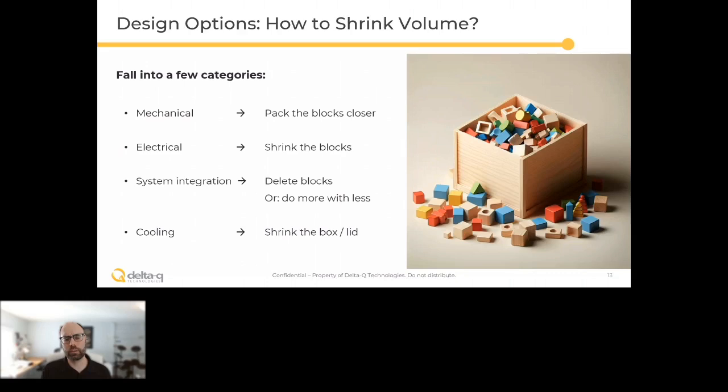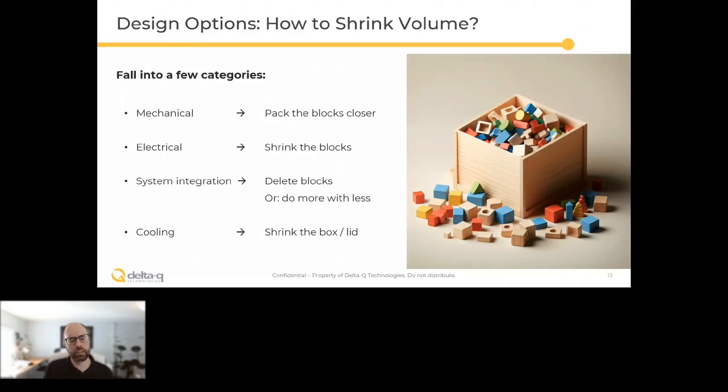And then cooling, the analogy breaks down here just a little bit, but this is more like shrinking the walls of the box, shrinking the lid. The cooling solution isn't inside the box; it's outside the box, whether it's a fan-cooled heatsink or a liquid cold plate, and that also occupies space.